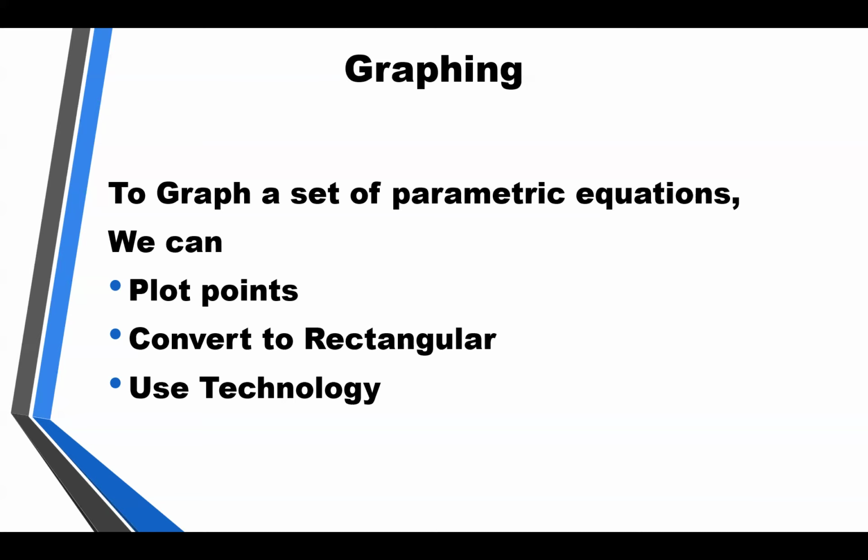We saw that really quickly with the Desmos example. But another way to graph is converting into the rectangular equation and then using the graph of the rectangular equation that we may be able to recognize. There are these three options. There may be more, but these are the three options.